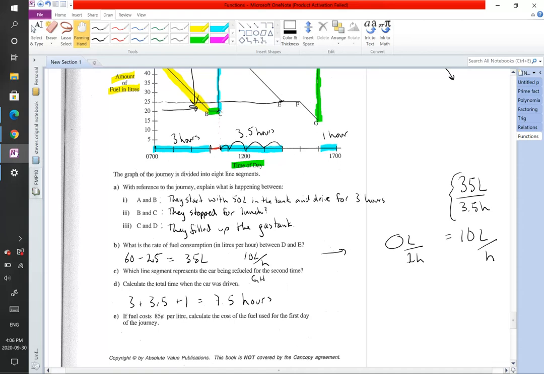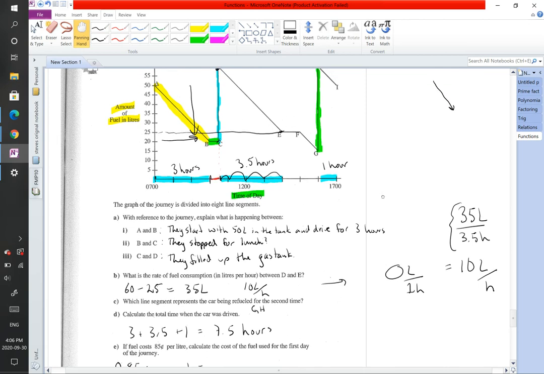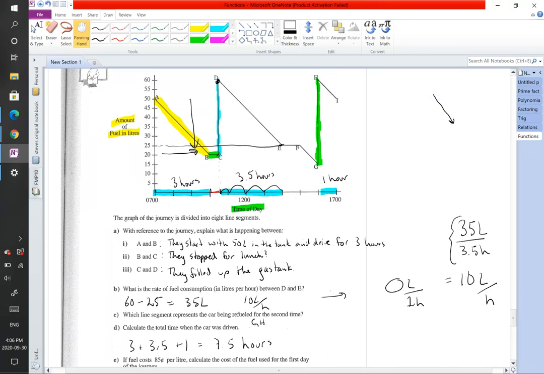If fuel costs 85 cents per liter, calculate the cost of fuel used for the first day of the journey. So 85 cents per liter, and then we have to multiply it by how many liters we used. Now it's up to us to figure out how many liters were used. We'll scroll back up here, and see how many liters we used between A and B. We went from 50 to 20, so that's 30 liters.